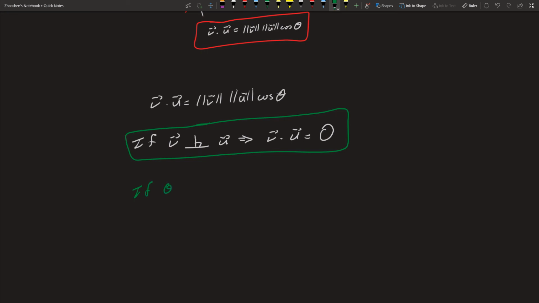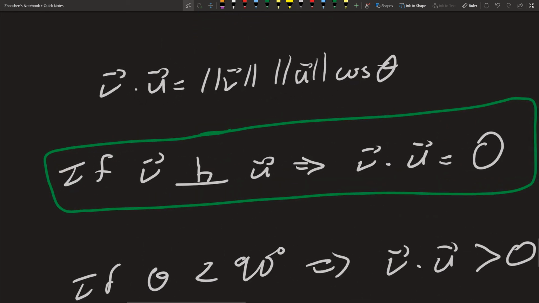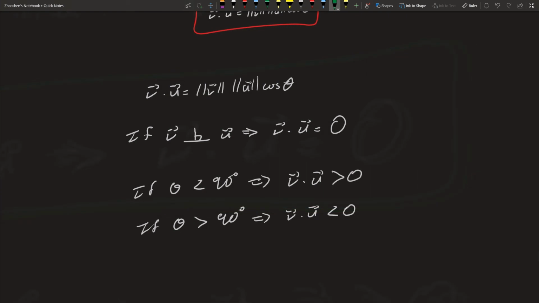If theta is less than 90 degrees, v dot u will be positive. If theta is greater than 90 degrees, v dot u will be negative. And if it's equal to 90 degrees, that means two vectors are orthogonal, and the dot product will be 0. Those three are probably the most important things that you should remember, and you'll be using them in grade 12 a lot, like literally every single time.